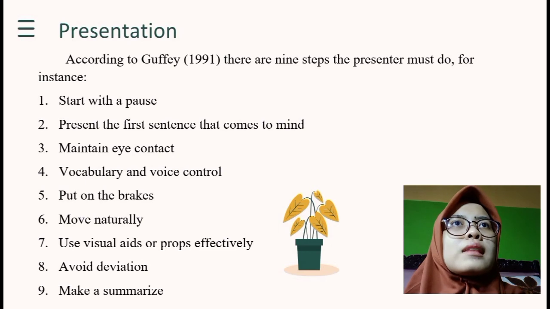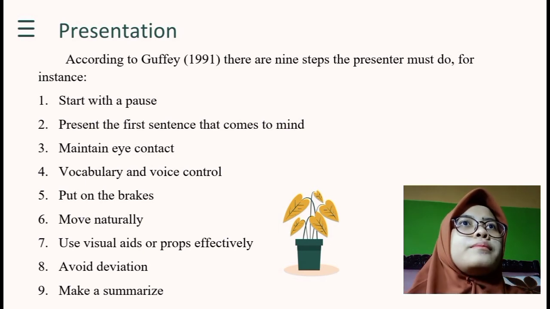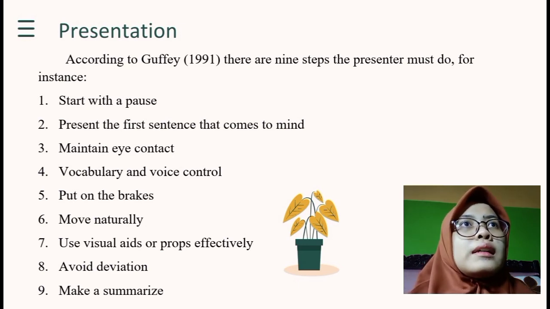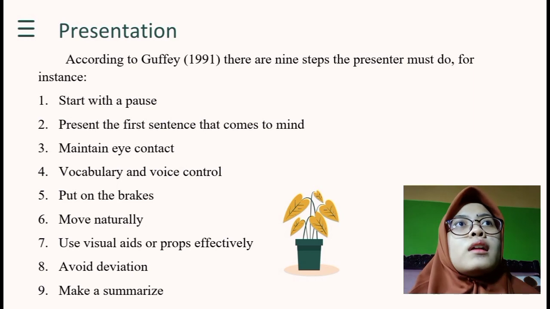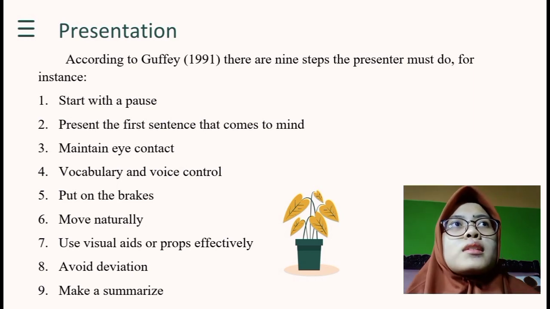And for the next slide, we'll be talking about presentations. According to Gavi in 1991, there are 9 steps the presenter must do.